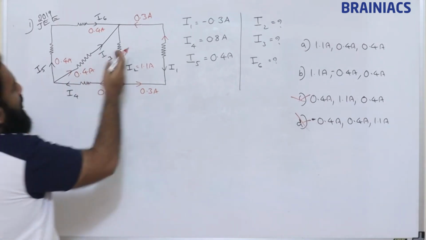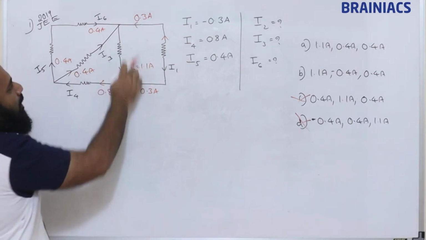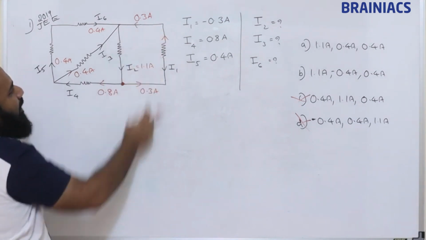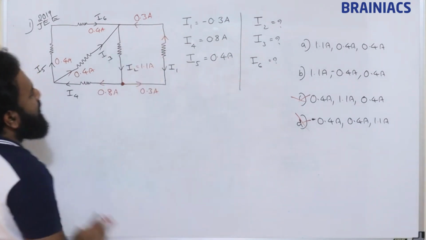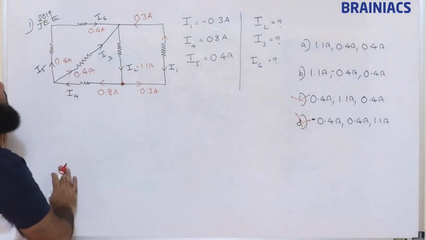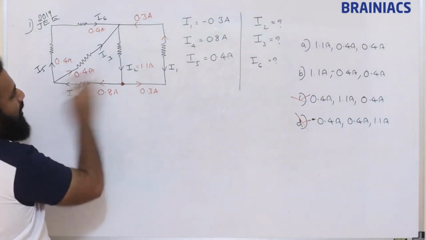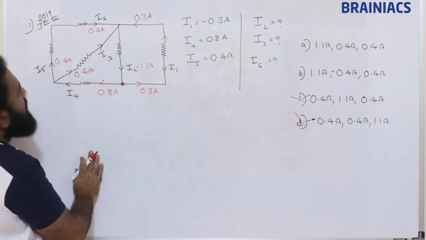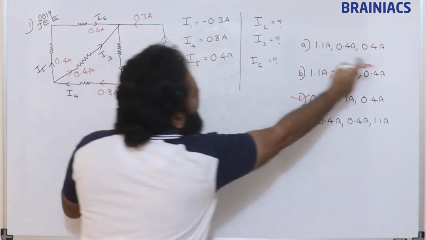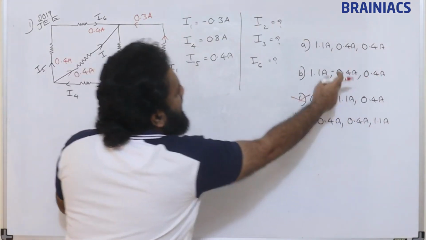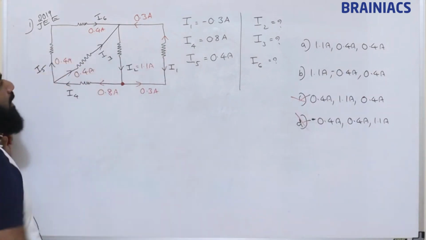Just we will verify. I6 also we need to find, but I6 is already given. I5 is the same as I6, so that is given as 0.4 in both cases. Here minus or plus is the only difference.